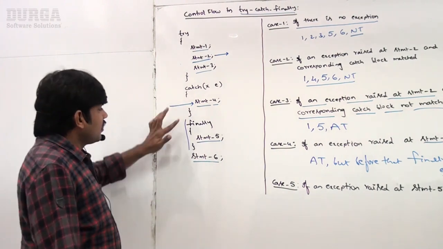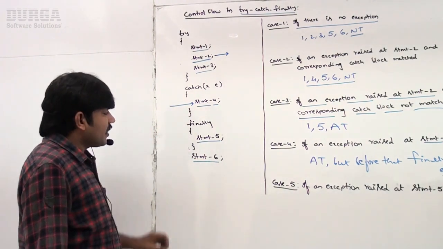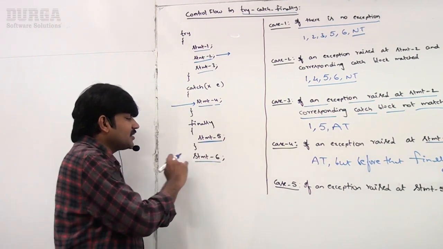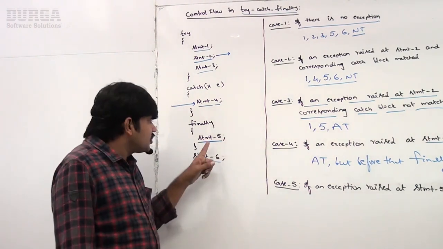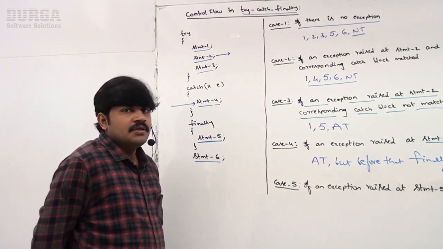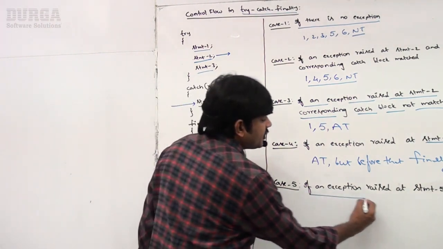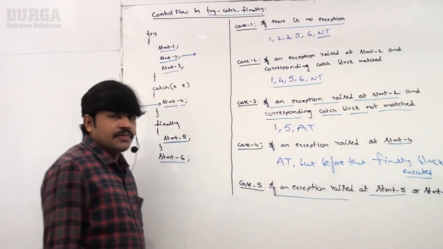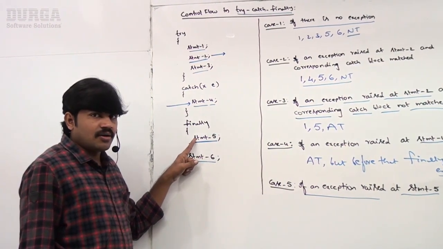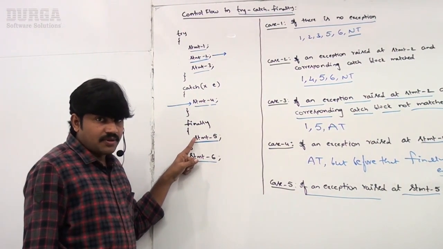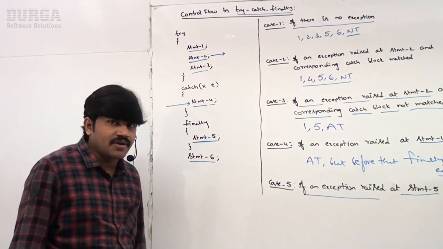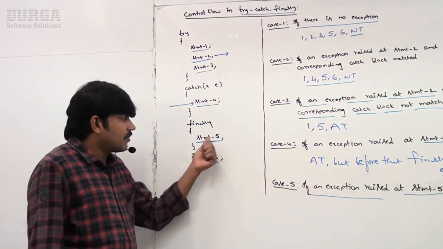Okay, well, now if an exception is raised at statement 5, what will happen? That is our next case. Can you please tell? Is it part of the try block or outside of the try block? Outside of the try block. If any statement which raises an exception is outside of the try block, it is always abnormal termination.